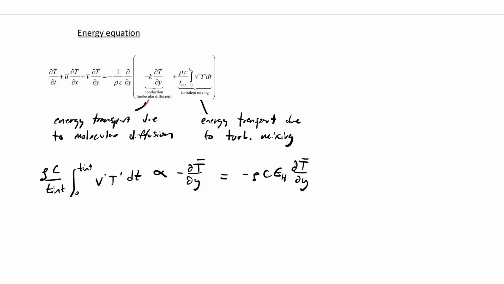So that's our model, and our job then is to come up with good models for epsilon H. Epsilon H is defined as the eddy diffusivity of heat transfer.